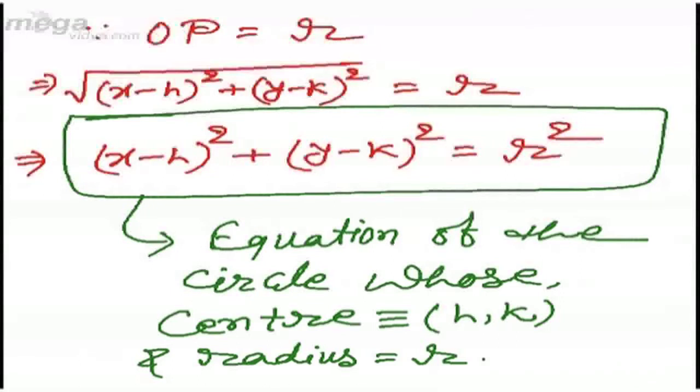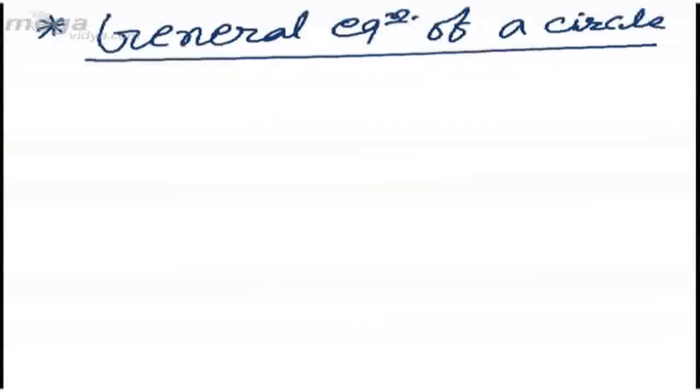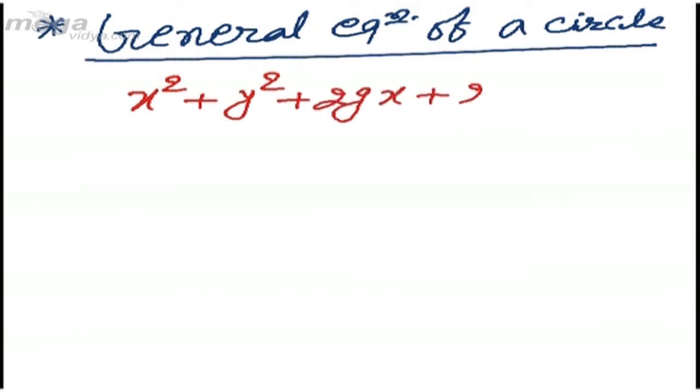After expansion, we will get x square plus something x plus something constant plus y square plus something y plus some constant is equal to r square. So we can write x square plus y square plus 2gx plus 2fy plus c is equal to 0. Now student, how will we get it?